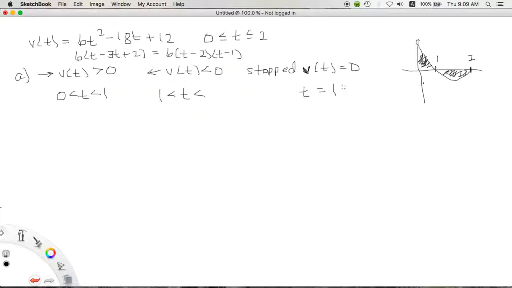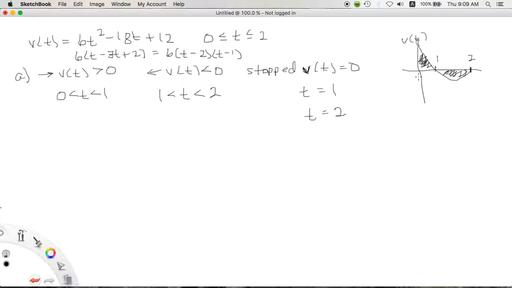And you would see that you have these zeros. So we see that our velocity is positive when we're between 0 and 1, and our velocity is negative between 1 and 2, and it's 0 at 1 and 2.